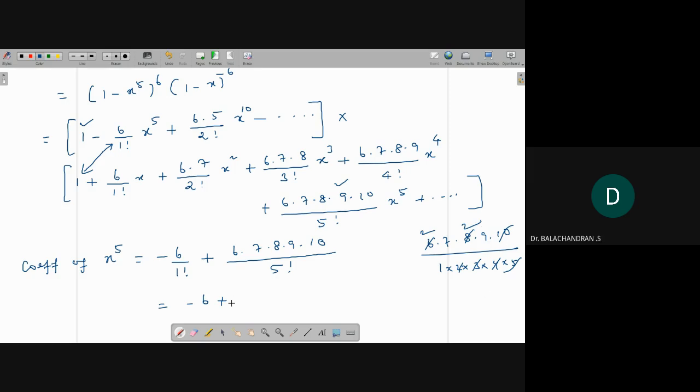Okay, 252 minus 6, 246. So this is the coefficient of x power 5.